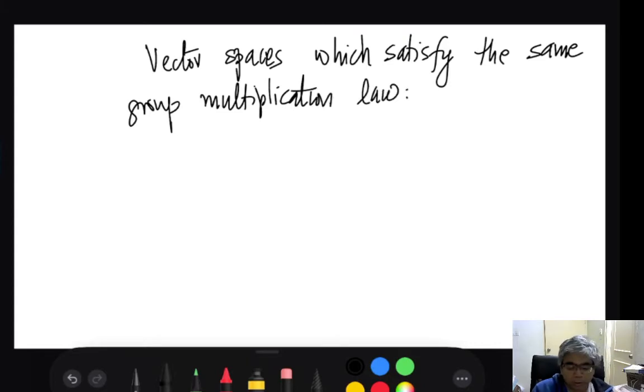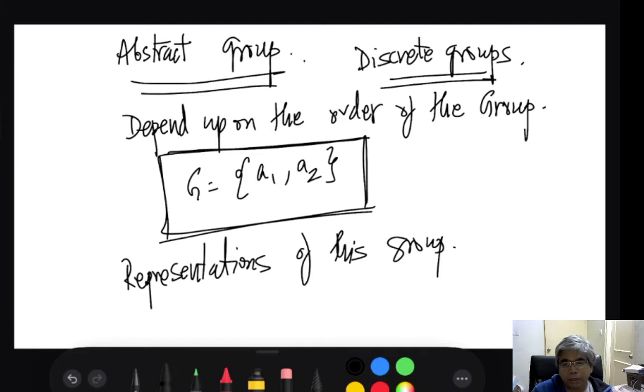That means you can have several groups which have the same properties as the group G. Let's just take A1 is equal to 1, A2 is equal to minus 1. A1 times A2 will also belong to this.